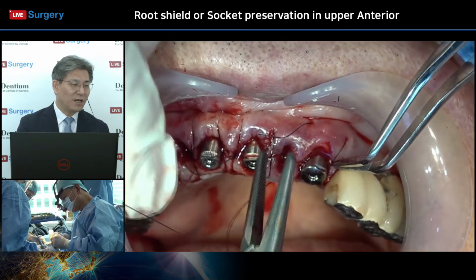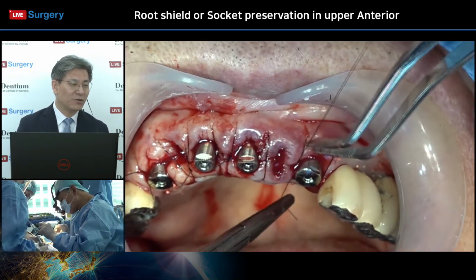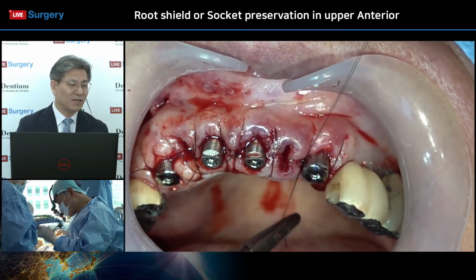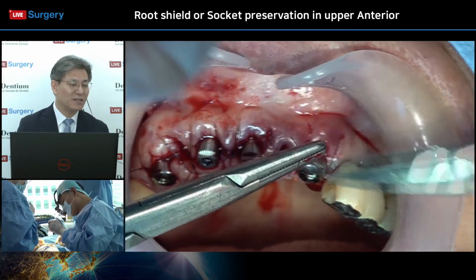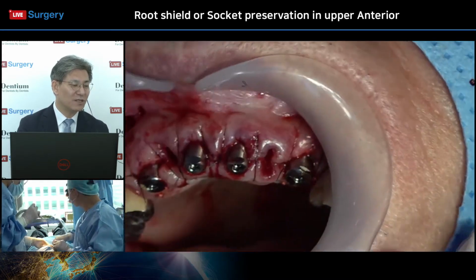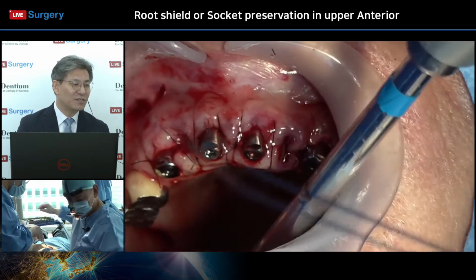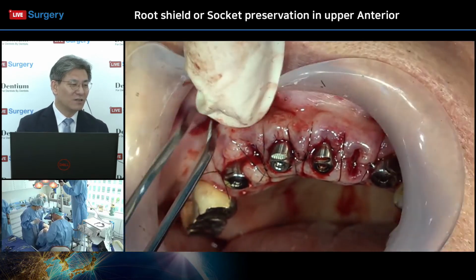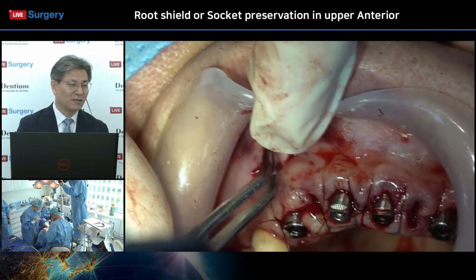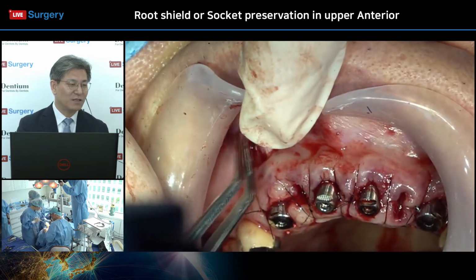Now, please stay in your seat. Because after this surgery, we can see a very impressive impression technique. Dr. Chung will show us a very interesting impression technique. So you can expect it.